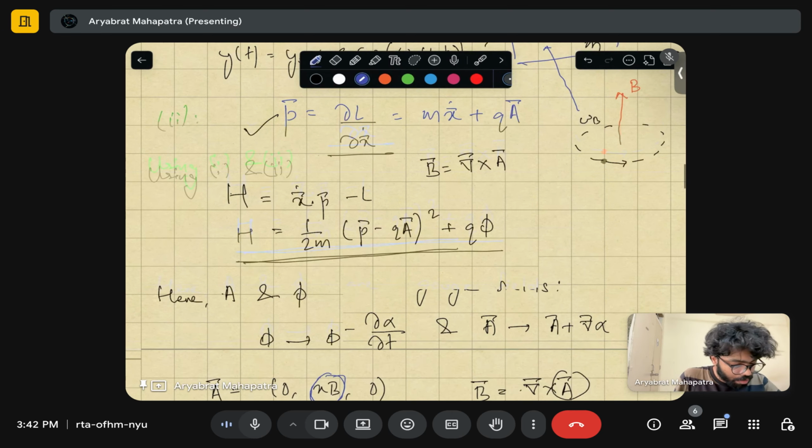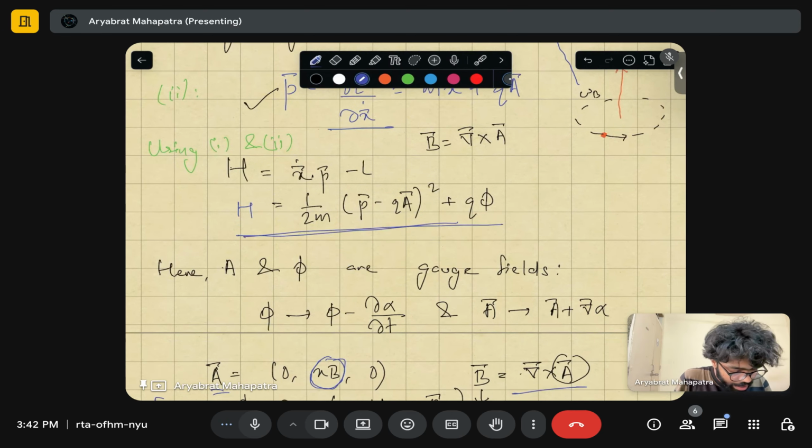And further, we call this A and phi gauge fields, because if you transform phi like this, these are called local transformations.